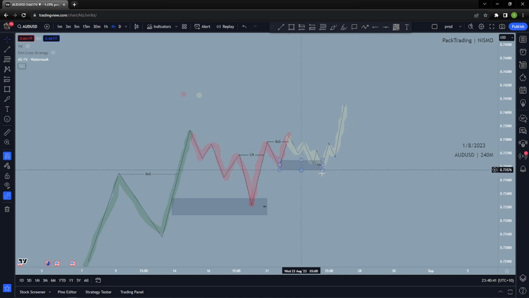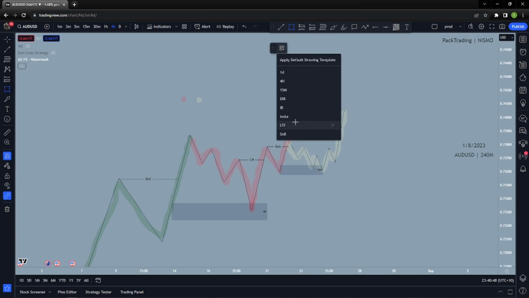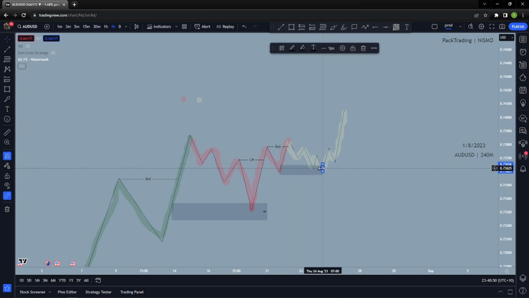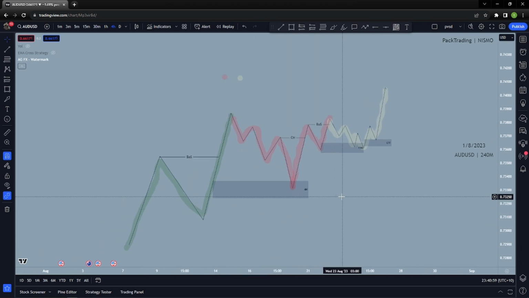Bang. You have it marked out. You go on the 1 minute, wait for it to tap in, play internal choch, then go on a lower time frame, which is 1 minute demand. Wait for the 1 minute demand to tap in. Bang. It tapped in. You go long. That's pretty much how internal could be, simplified.